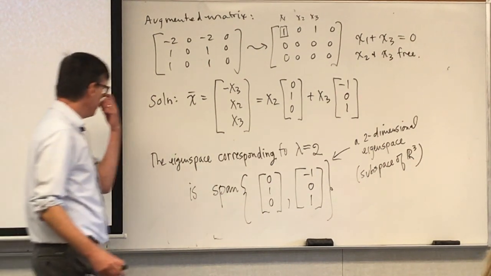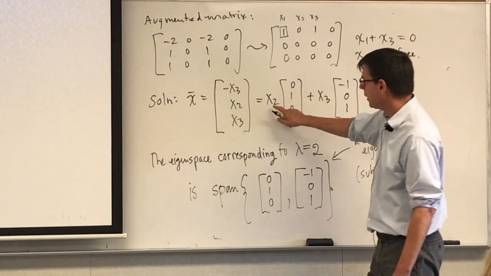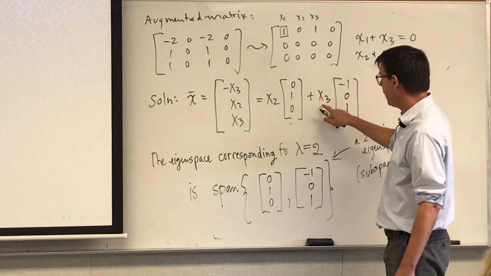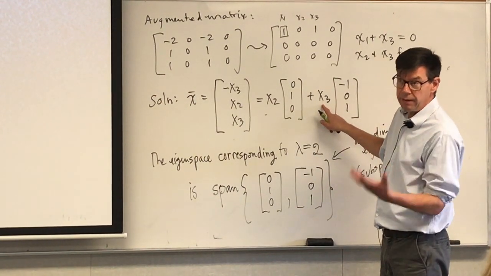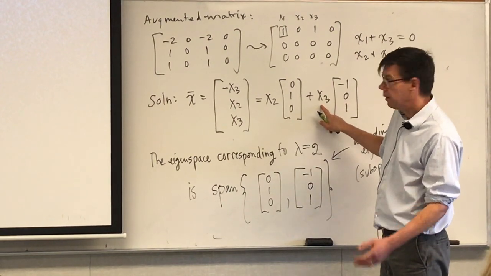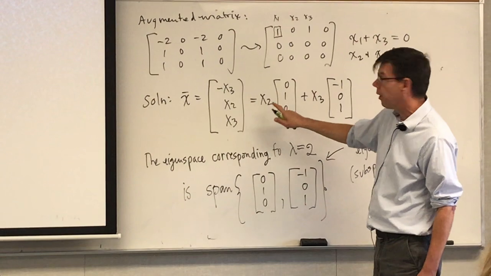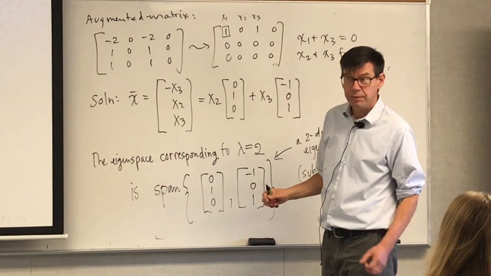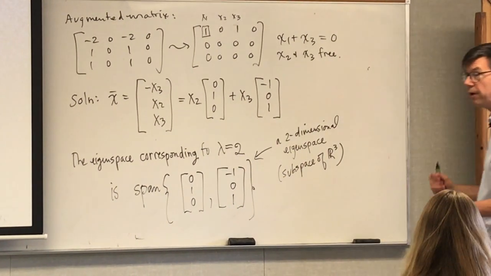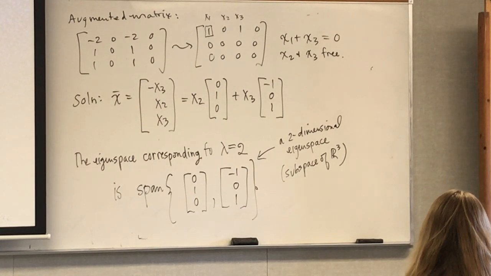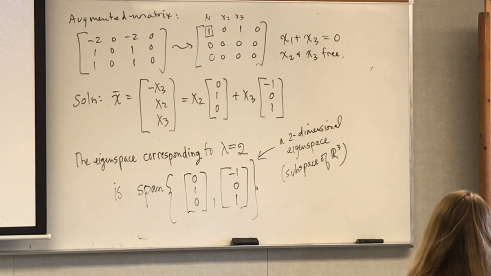So any linear combination of these two would give me an eigenvector. I could pick x2 equals 1, x3 equals negative 5. See what I get? That's an eigenvector. The only linear combination that is not an eigenvector is x2 equals 0 and x3 equals 0. So the 0 vector is never, ever, ever an eigenvector. One little thing you've got to keep in mind.